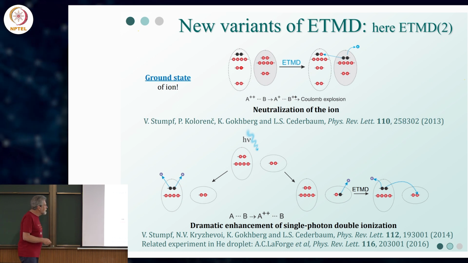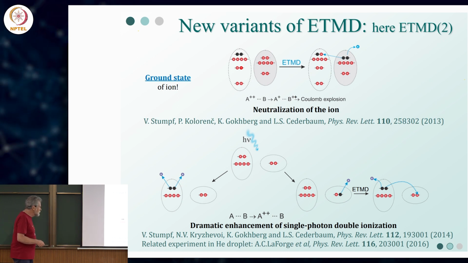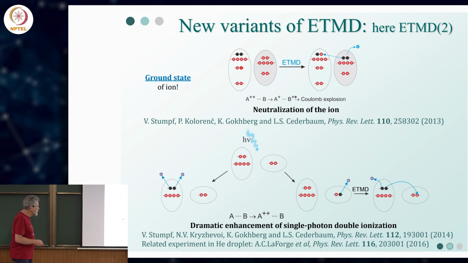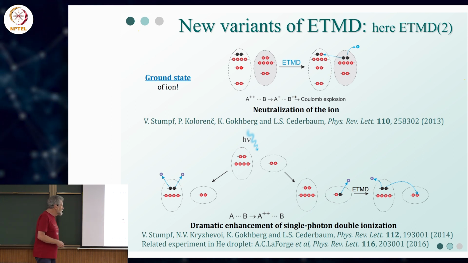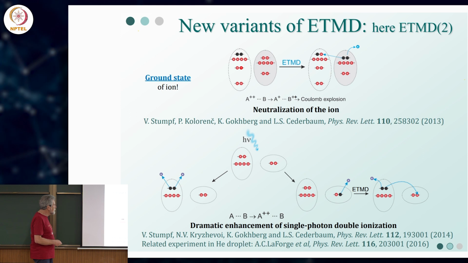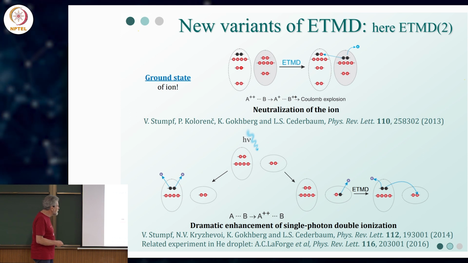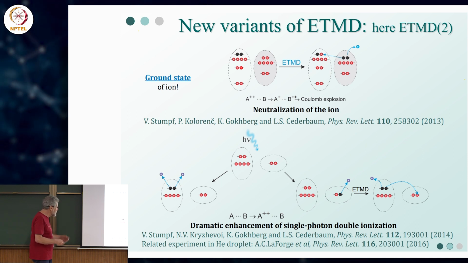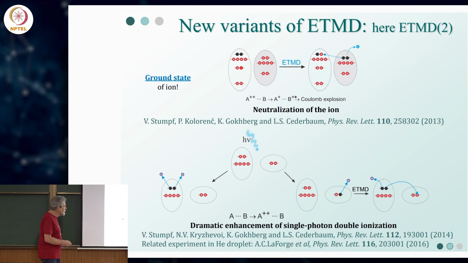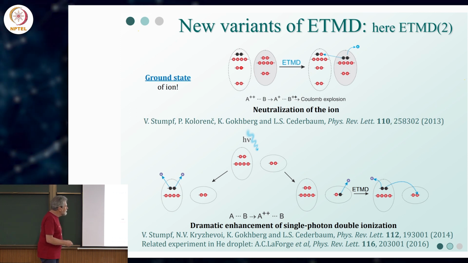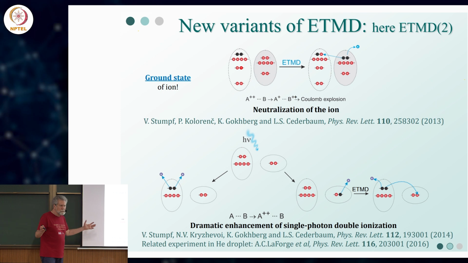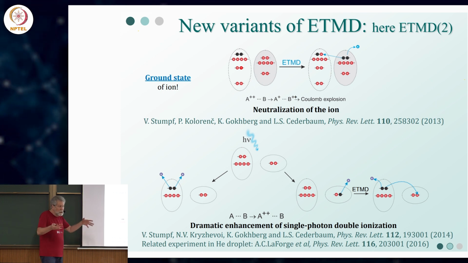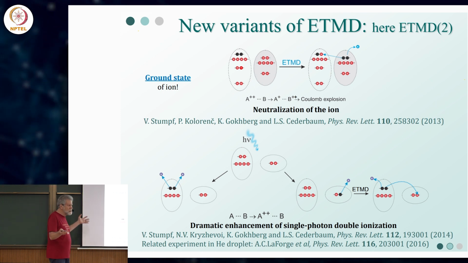So now let's take an example where you see that ETMD can play a role in this single photon double ionization. Let's take magnesium, because we understood for us how to calculate it. So magnesium, and you put near it a helium atom. You have a helium. We all know helium is the most inert system.